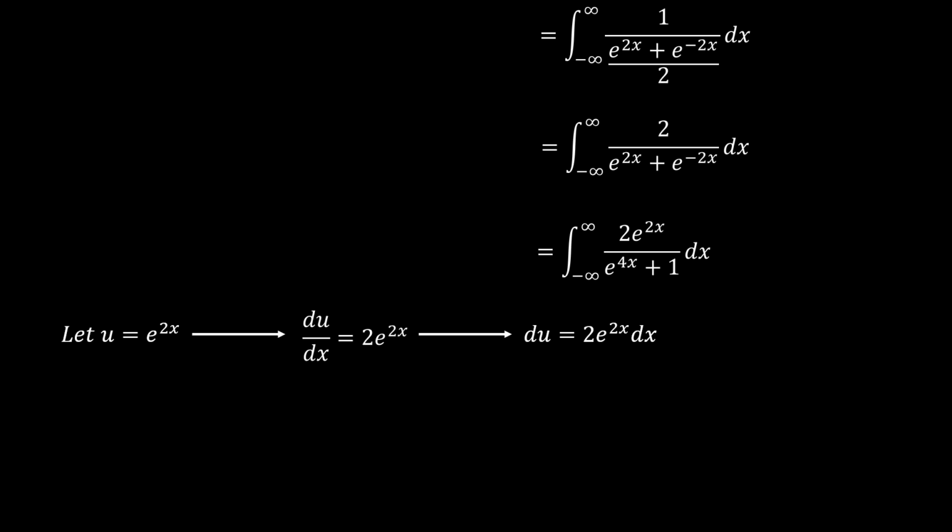Now, the limits here: as x tends to negative infinity, u would tend to e to the power negative infinity, which is 0. So the lower bound would tend to 0, and the upper bound would still tend to positive infinity. So this integral with the substitution can now be equated to the integral from u equals 0 to u tending to positive infinity of du over u squared plus 1.